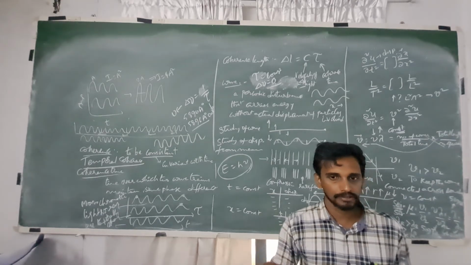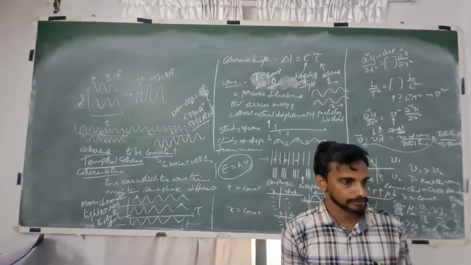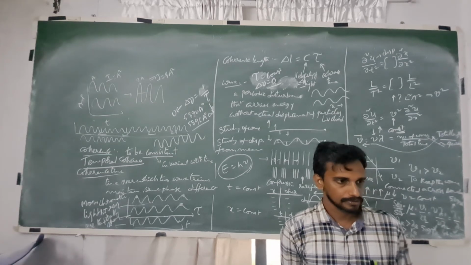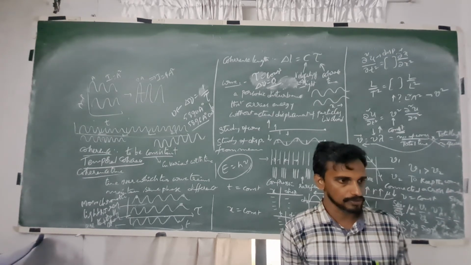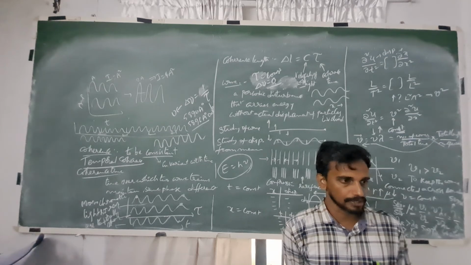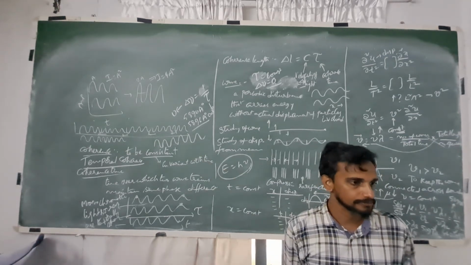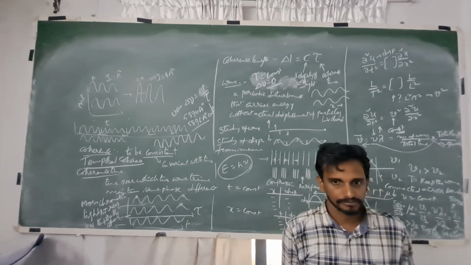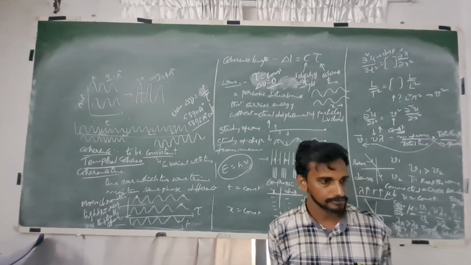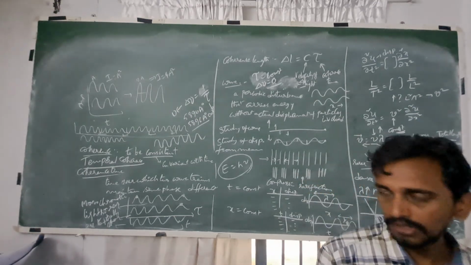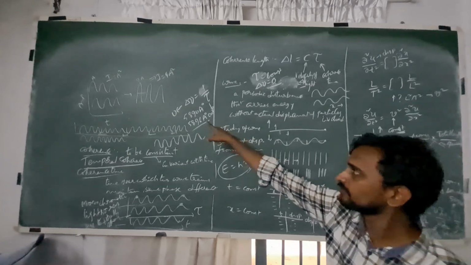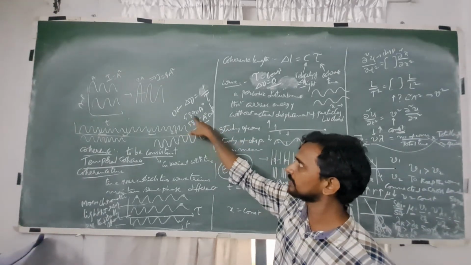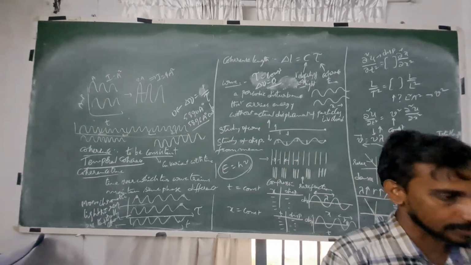So what is the corresponding bandwidth in frequency, delta nu for sodium yellow? It is C by lambda 1 minus C by lambda 2, that is C by 5890 minus C by 5896.